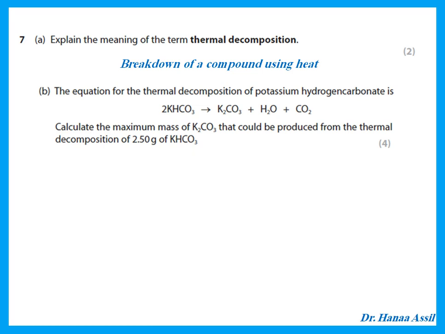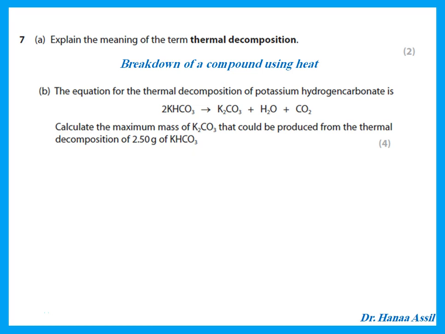Then he says the equation for thermal decomposition of potassium hydrogen carbonate is this. Calculate the maximum mass of potassium carbonate that could be produced from the thermal decomposition of 2.5 grams of KHCO3. So he's starting with 2.5 grams of potassium hydrogen carbonate, and he's asking how much mass of potassium carbonate I should get.